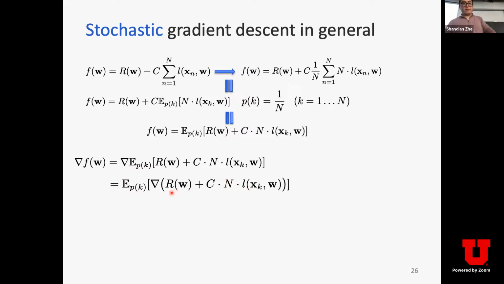Then you calculate the gradient, which is also stochastic. So you take the expectation over this stochastic gradient, and then you can recover the true gradient. Does it make sense?